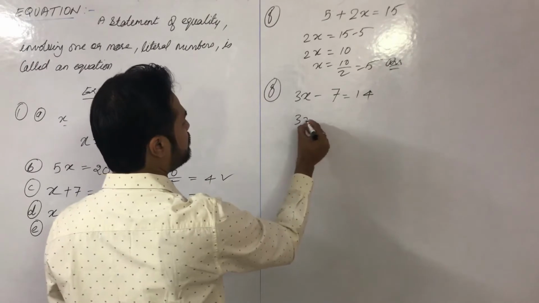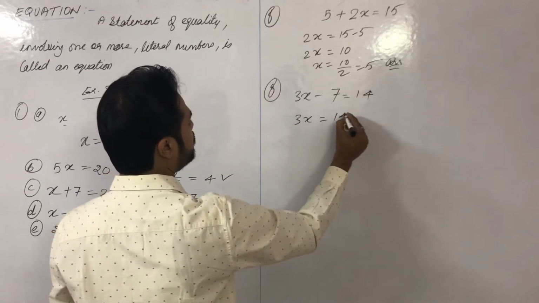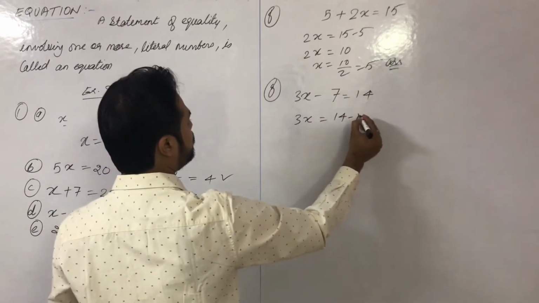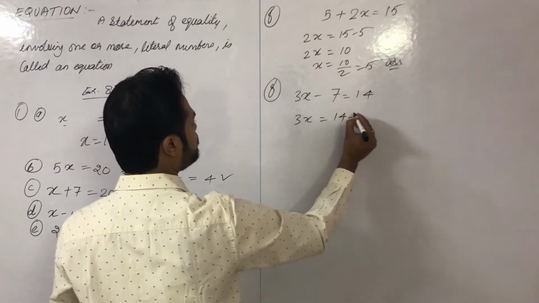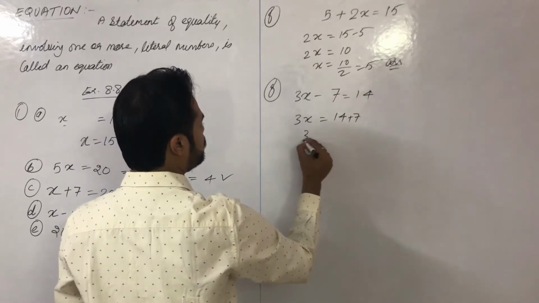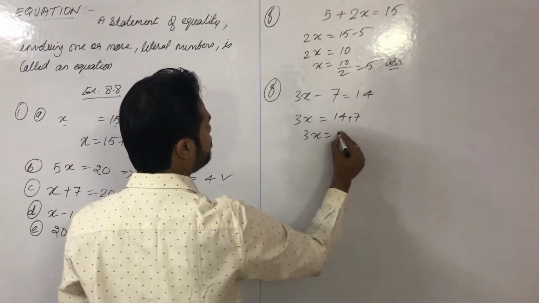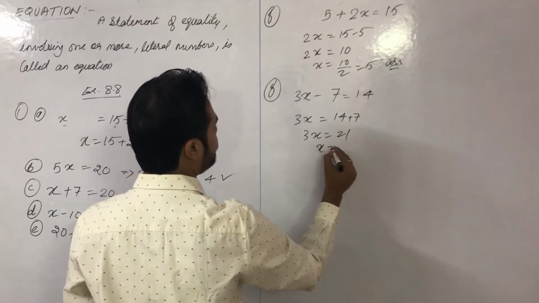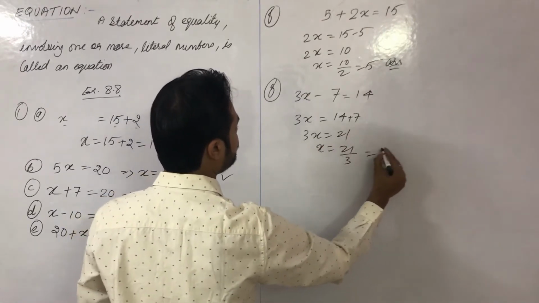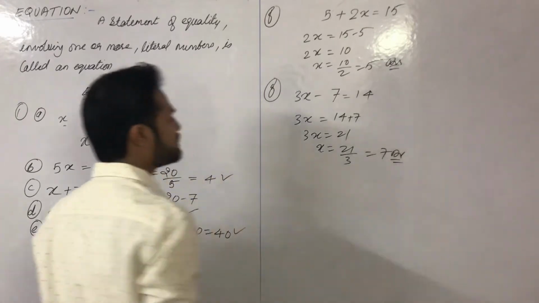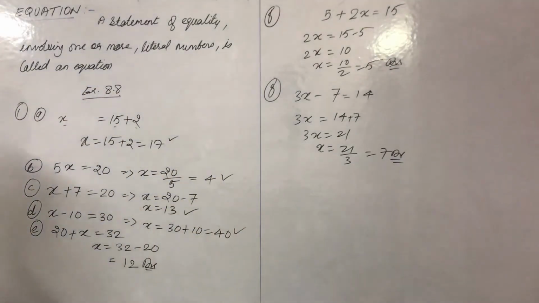In the next step, 3x equals 14. Here it is minus, and it becomes plus. So 3x is 14 plus 7, which is 21, and x is 21 by 3. So the correct answer is 7.